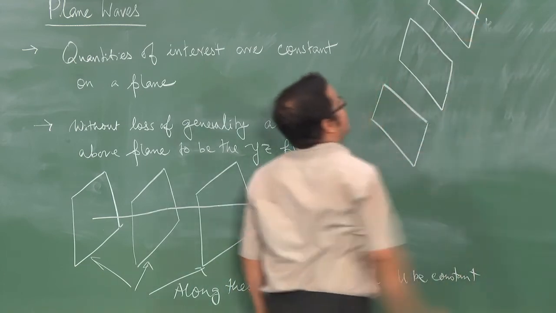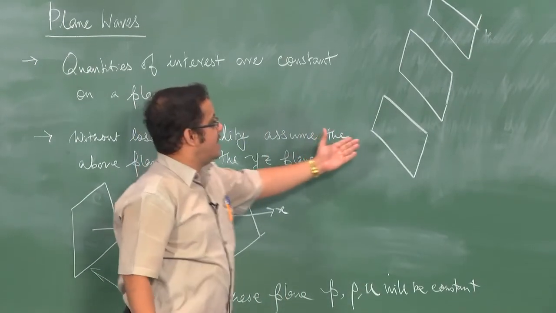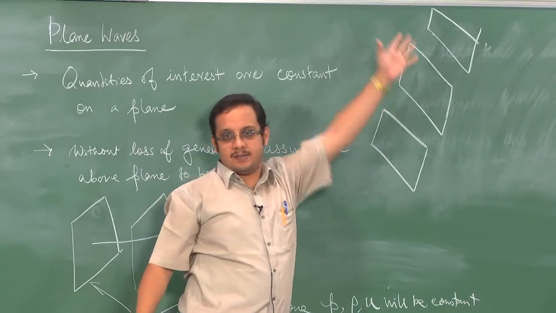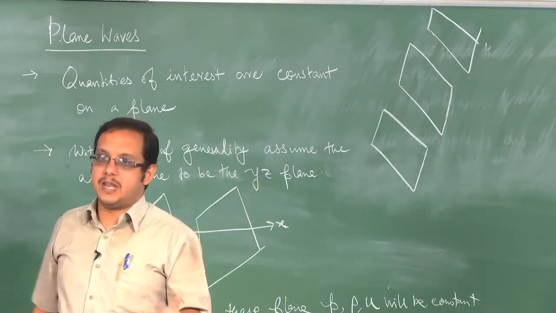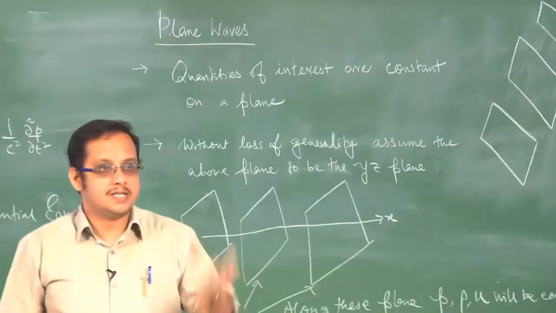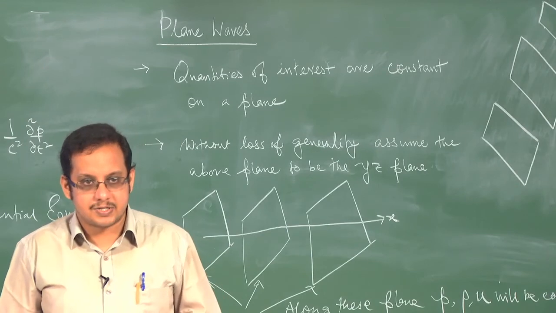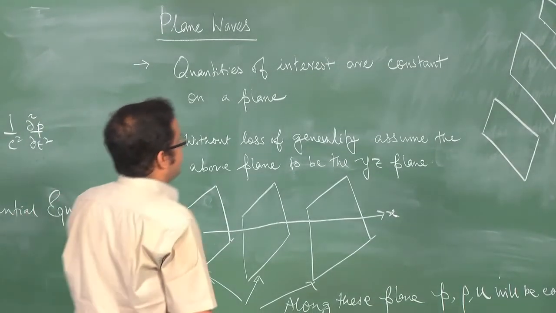So, if you give me this sort of a framework wherein you say that these planes, which are some strange oblique planes, are the planes wherein the particles have the same acoustic pressure, same acoustic density, same acoustic velocity, right. It is actually the same problem.